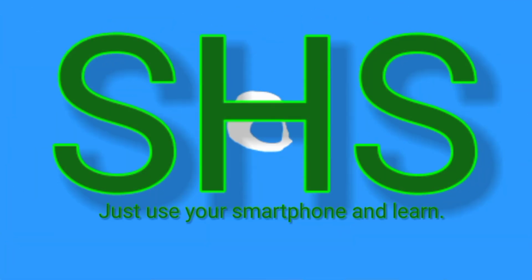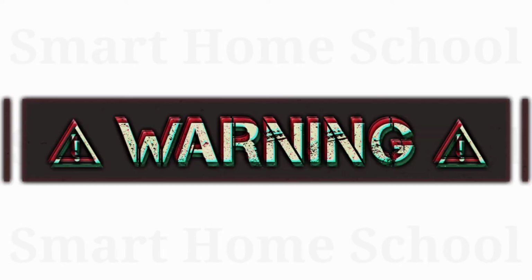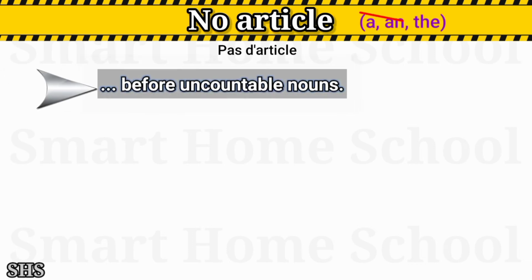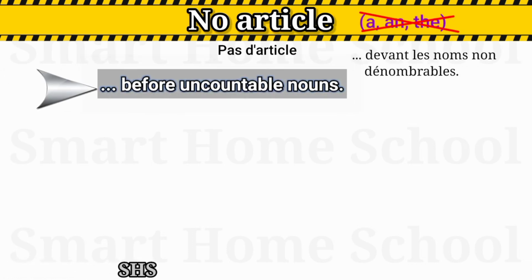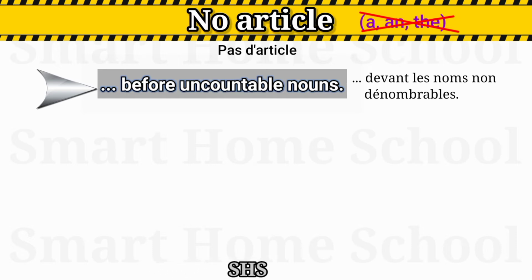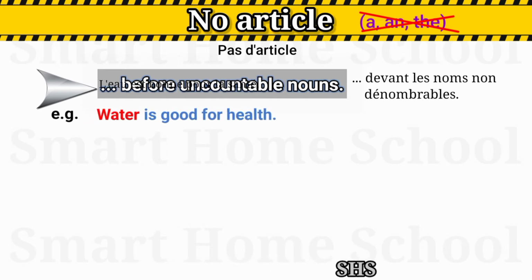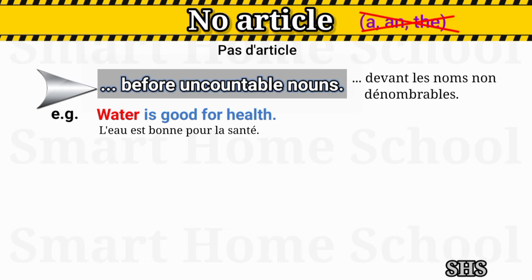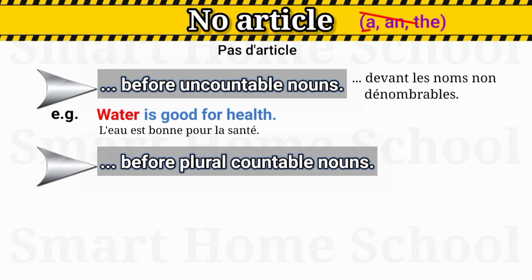Let's finally learn when not to use articles. We don't use articles before uncountable nouns. Example: water is good for health. Before plural countable nouns.